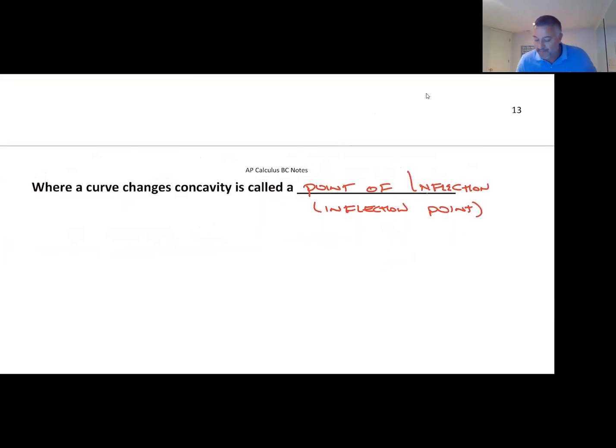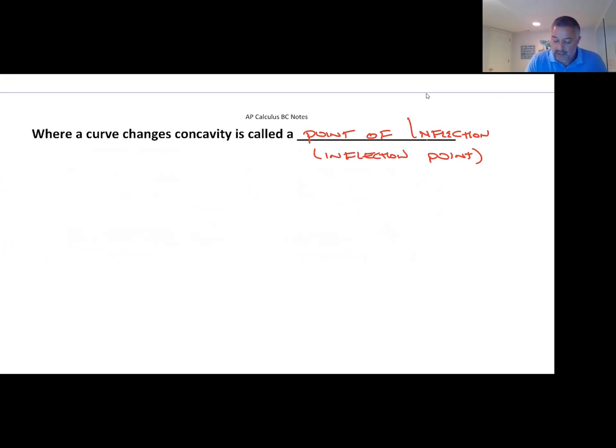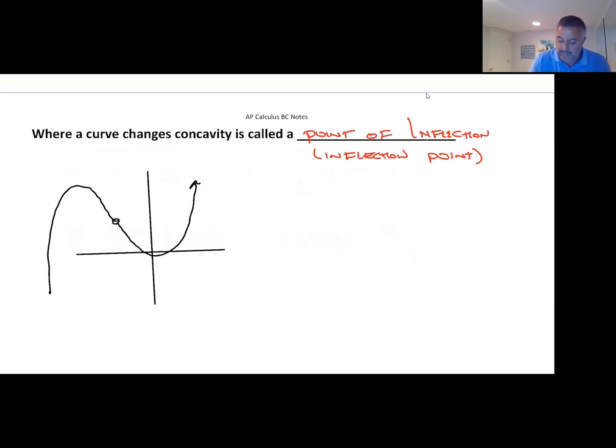An inflection point. Okay, so if I have a graph and I'm concave up, and then all of a sudden I turn and I'm concave down, that point where the graph changes concavity is called a point of inflection.